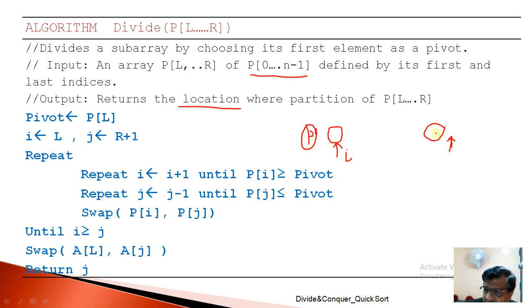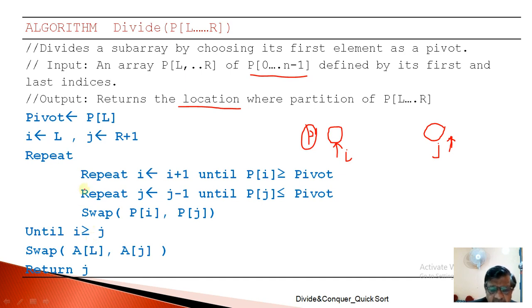So also this element should not miss the comparison with the pivotal element. Now repeat until I is greater than or equal to J. I greater than or equal to J means they have crossed, and I equal to J means they have come and become standstill at the common location.